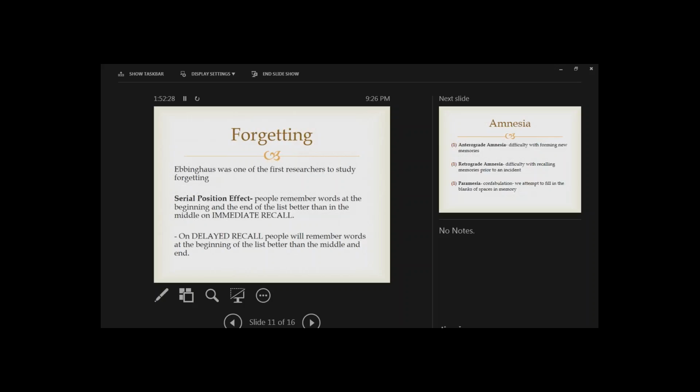There are different theories as to why people forget. We will talk about that next time, but I want you to know the serial position effect: on immediate recall, people remember the beginning and the end of the list best, then the middle. On delayed recall, people remember the beginning of the list better than the middle and the end.